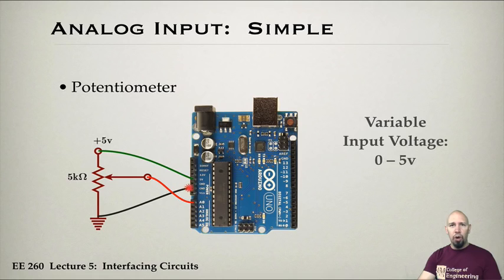If I had lower input impedance, I might get some loading effect, but in this case, I would get no loading effect. So what the potentiometer allows us to do is to get a variable resistance, which allows us to get a variable voltage. I can get anything between 0 and 5 volts. So that's a helpful thing to have, and a very simple analog input circuit.